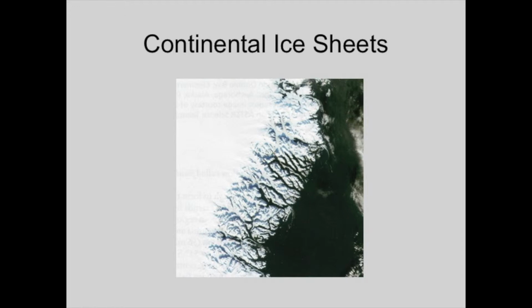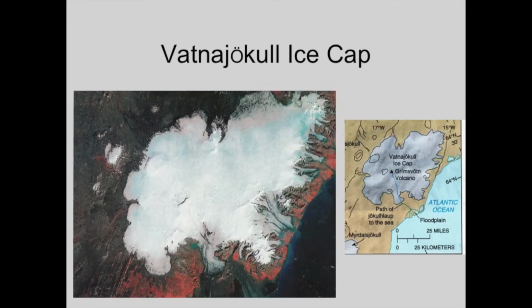Many of the post-glacial landscapes that were impacted by a continental ice sheet continue to rebound even to this day. The Vatnajökull ice cap of modern Iceland represents the first subtype of continental glacier.